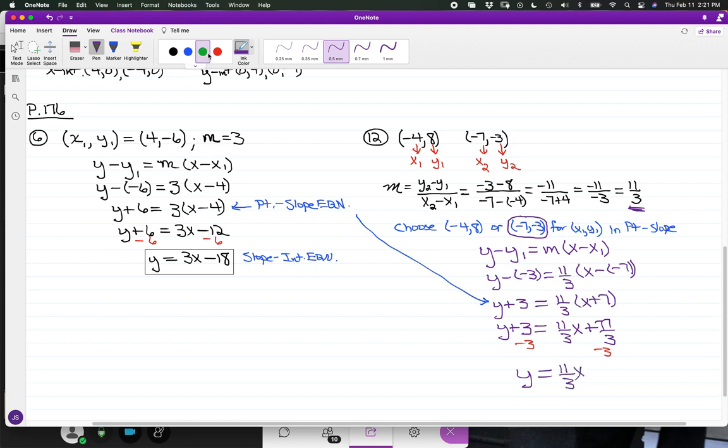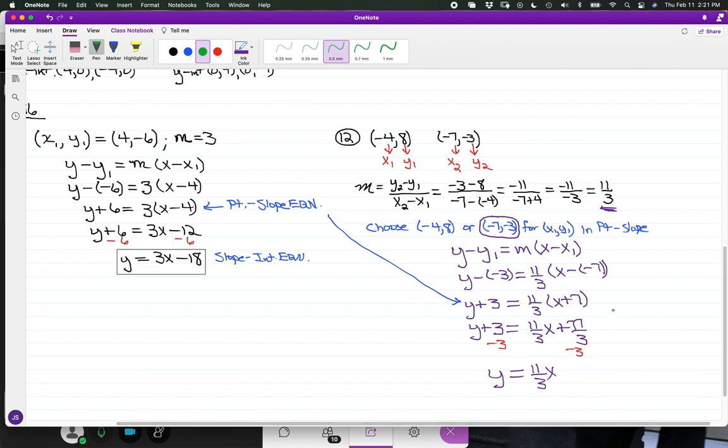And for 77/3 minus 3, I'll work to the side here: 77/3 minus 3 over 1, so 77/3 minus 9/3.